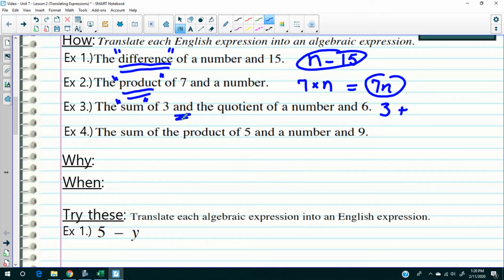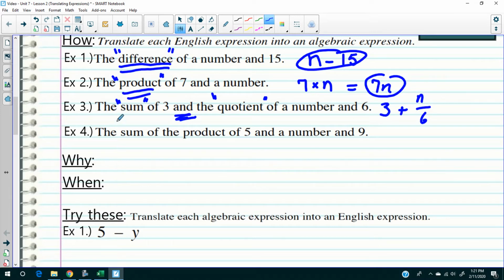And notice the emphasis: the sum of 3 and the quotient of a number and 6. Quotient, what does quotient mean? Right, divide. So the quotient of a number and 6. So once again, the sum of 3 and the quotient of a number and 6.